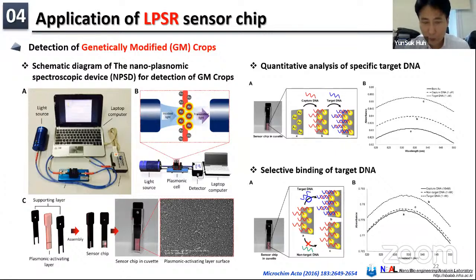So how do we sensitively detect small molecules at the DNA level, and how can we obtain the LSPR signals through our developed LSPR sensor devices? As shown in this slide, we can successfully detect the genetically modified crop sample, and we can detect a very low concentration of GM.